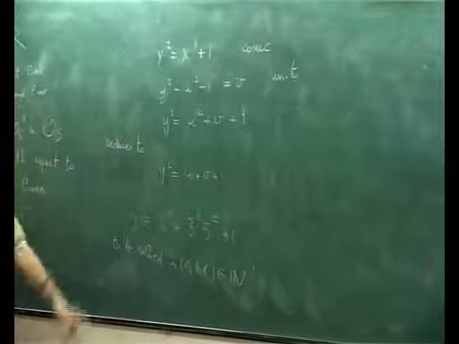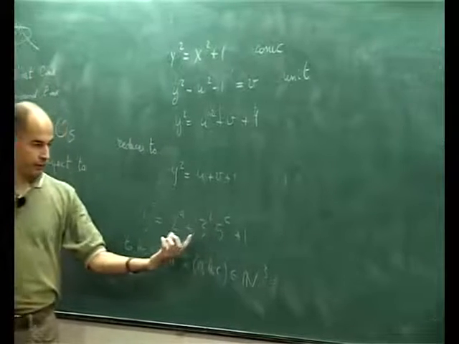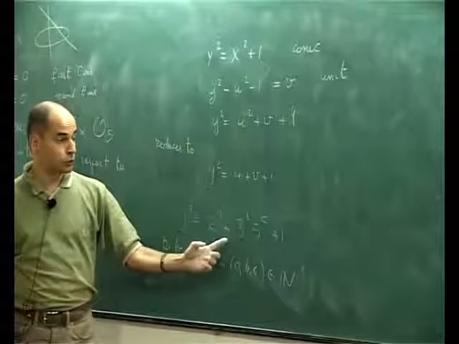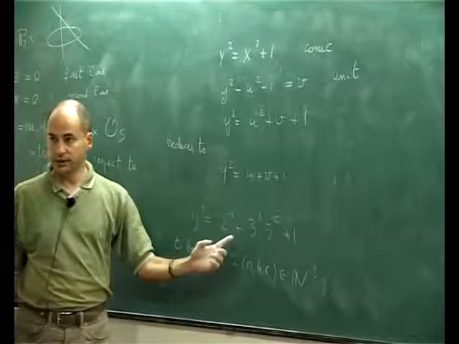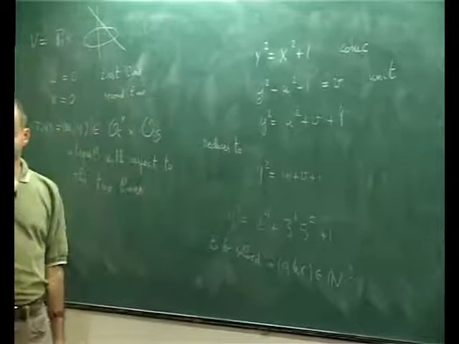This is an example of an exponential Diophantine equation whose solutions give integral points on that variety.